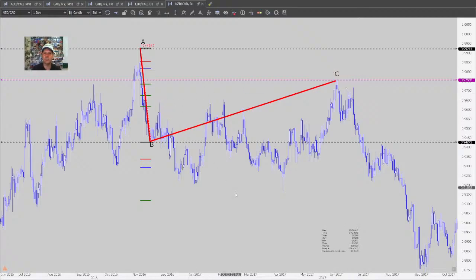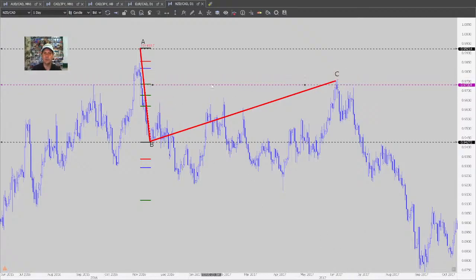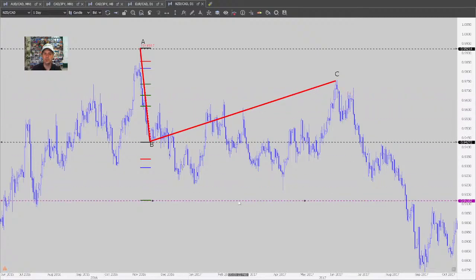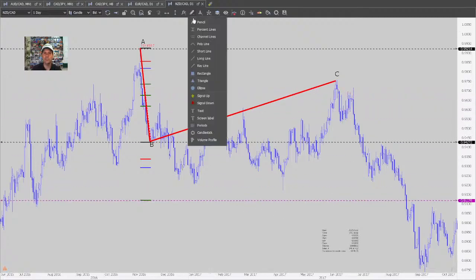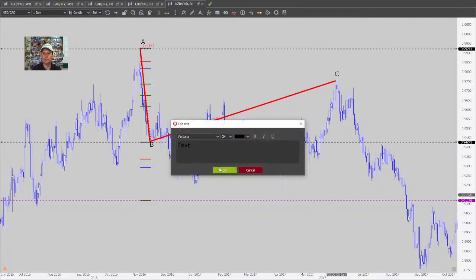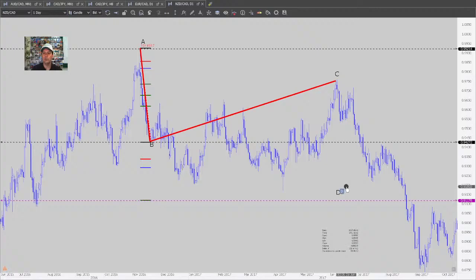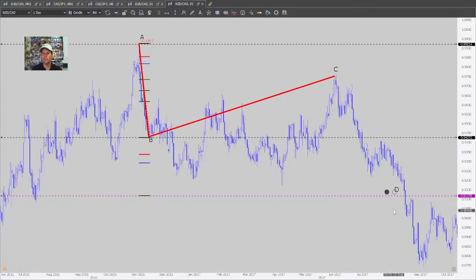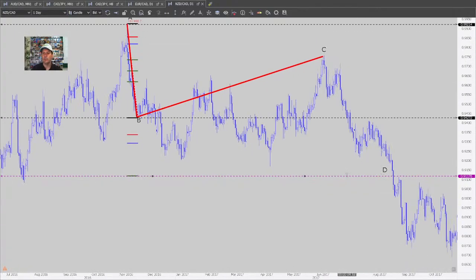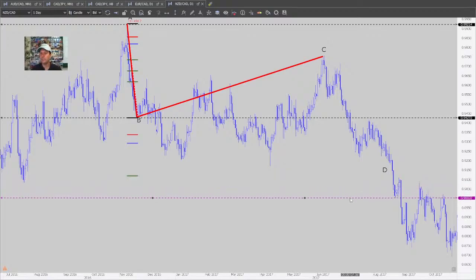Alright, we found the C. Now green goes to green. Projected, the extension is here. The market did not stop at the green, the market went down. And the D must be a low. So that's the D. We're moving the chart, moving the horizontal line, and down, down, down, down, down. That's the low. Can you see, everybody?